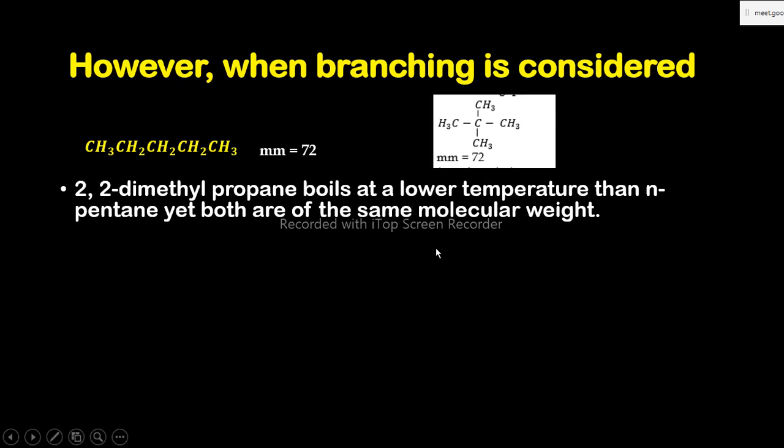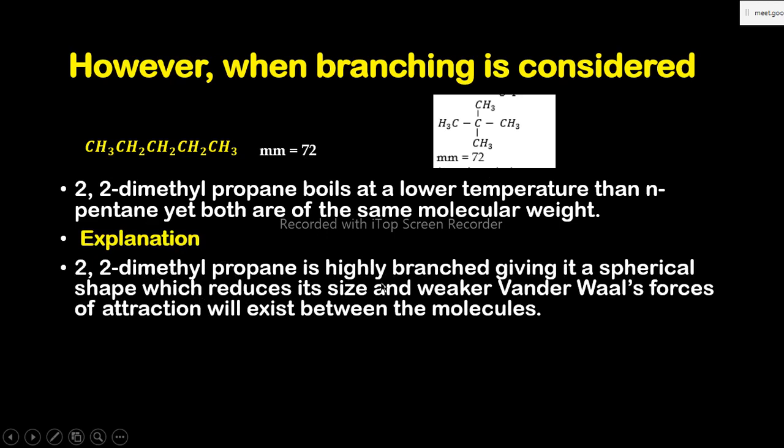Why? 2,2-dimethylpropane is highly branched, which gives it a spherical shape that reduces its size, and hence forms weaker van der Waals forces of attraction. Those weak forces are broken at lower temperature compared to N-pentane, which is stretched and forms stronger van der Waals forces of attraction.